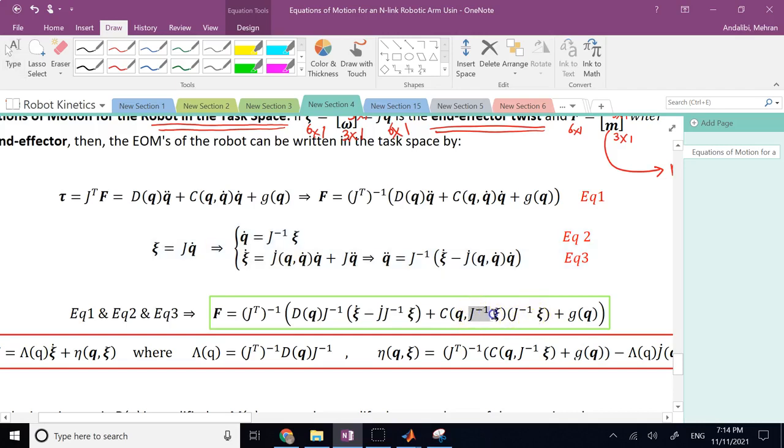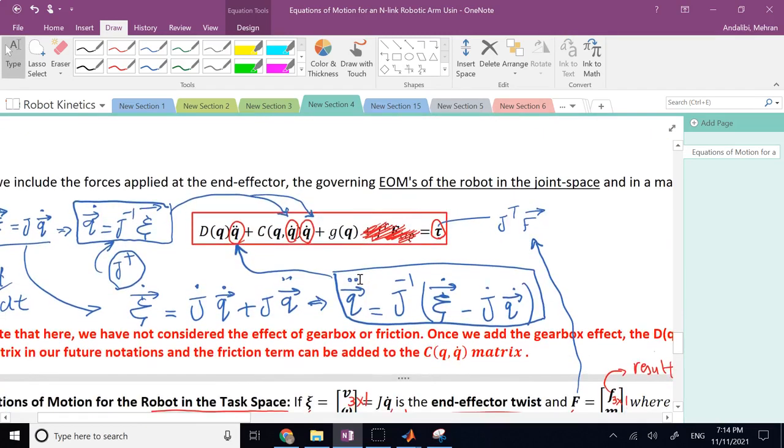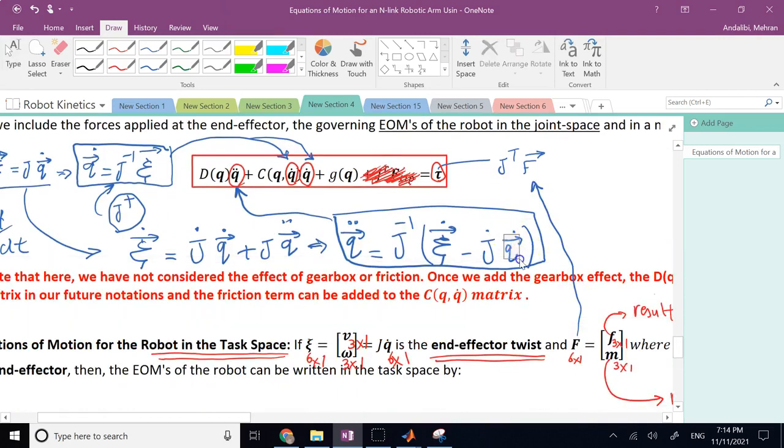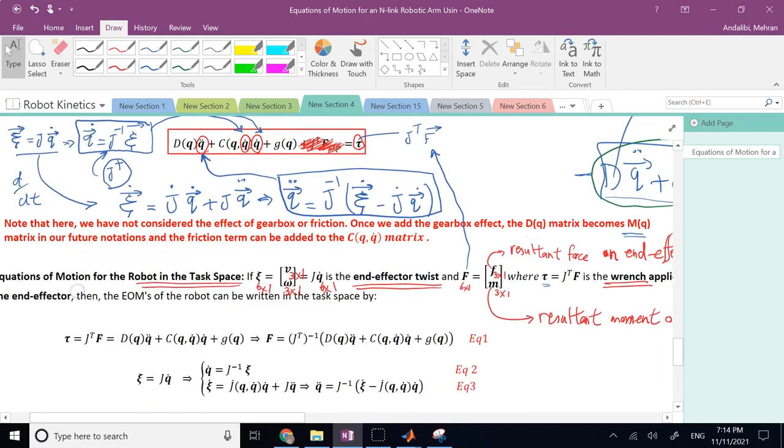These are those q dot terms that you can see are replaced here, as well as here in the equation that we have here. You see here, there is a q dot. So those relations that I found for q dot, a copy of that should also be sent right here too.